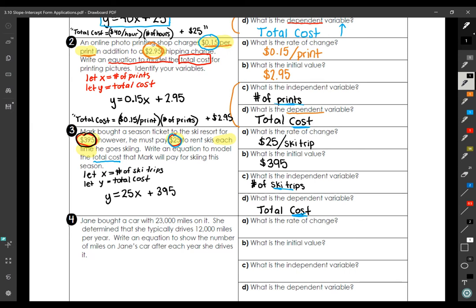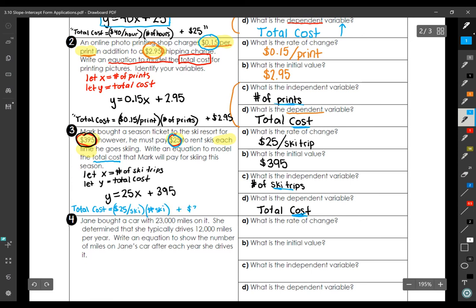And that's my final equation. So total cost equals $25 per ski, I'm lazy, times the number of ski trips plus 395.